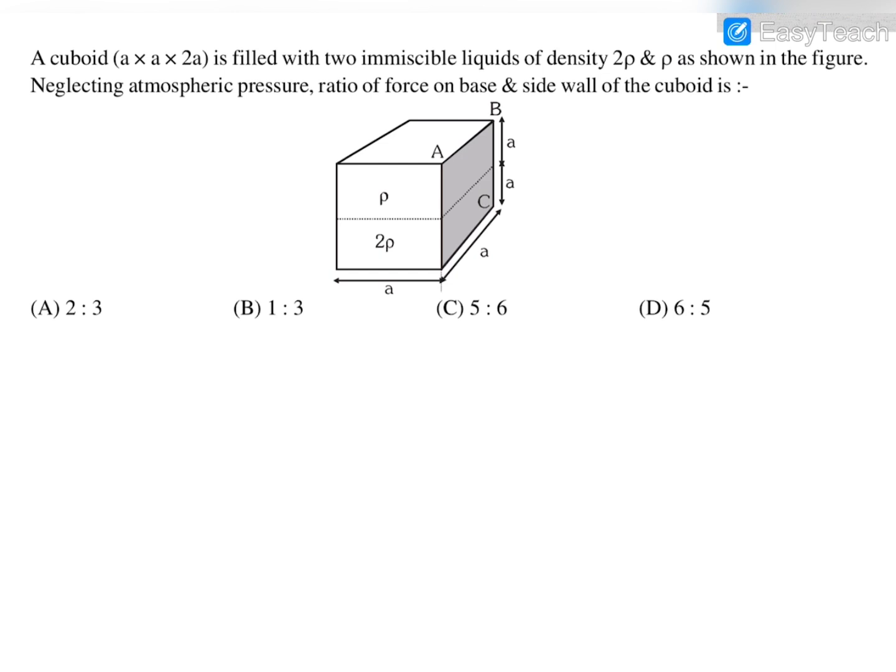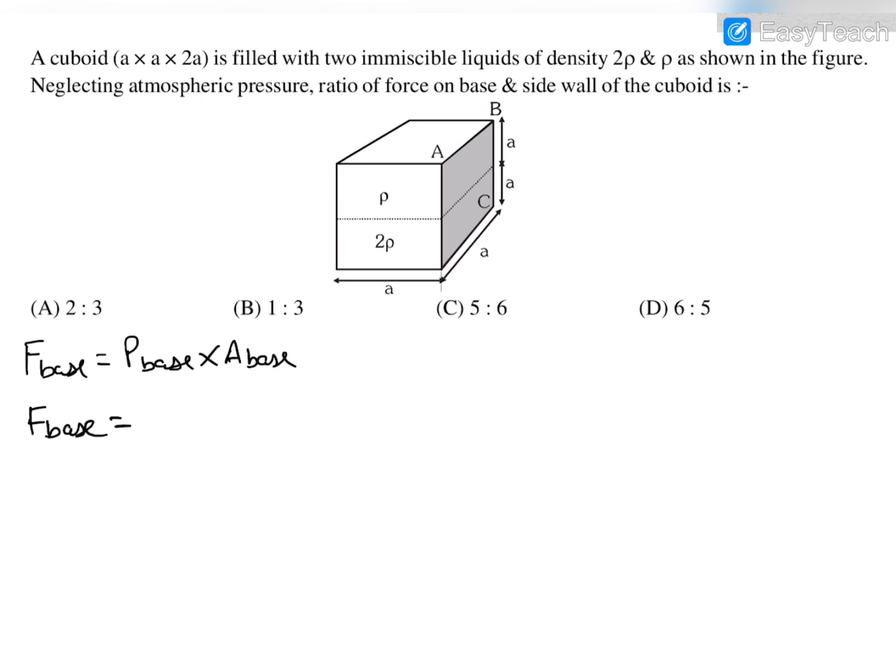So first of all, let us see that the force acting on the base of the container will be obviously the pressure acting on the base multiplied by base area. Now the force acting on the base will be the pressure acting on the base, which is H rho g.